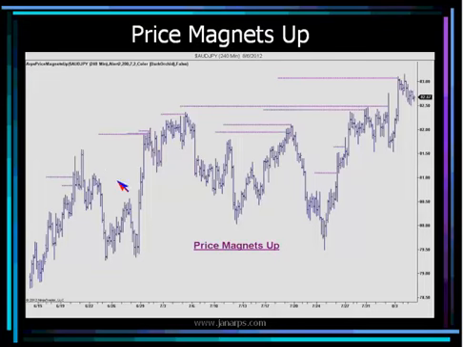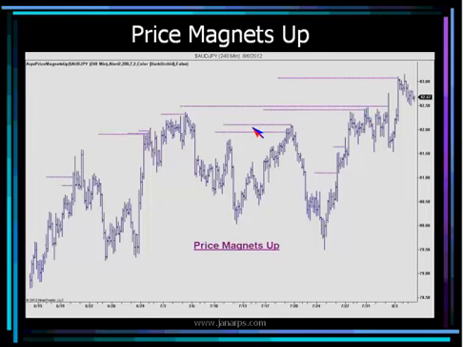And sometimes it sees other patterns that plot the magnets in the same general vicinity. This really strengthens the idea that that's an area that the price is likely to move towards. You can see here it saw a pattern and said, oh, price is likely to move to this price. And sure enough, we got another price magnet right around there. And both price magnets got kissed.